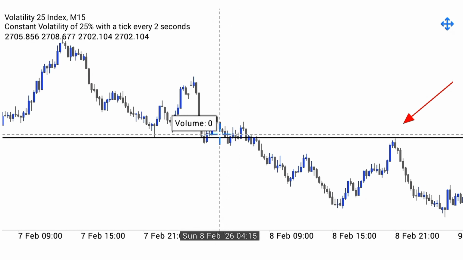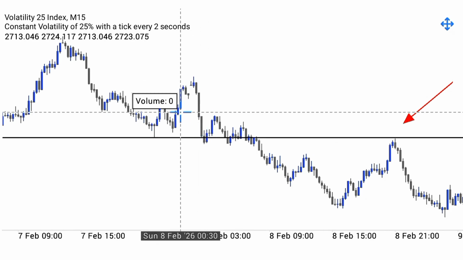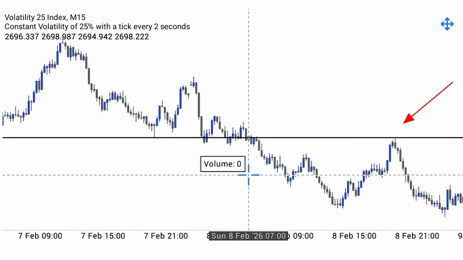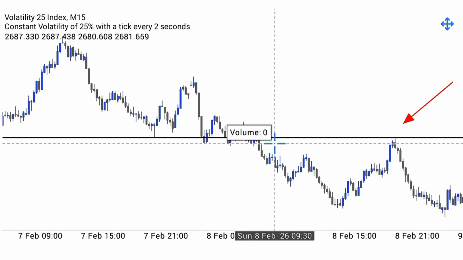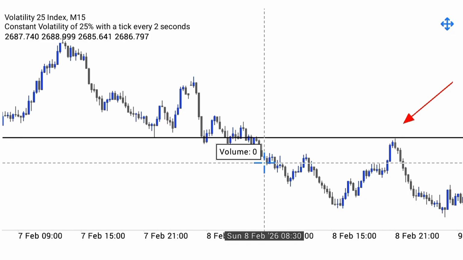At this point, it's the buyers that are suffering because the market is moving in a downtrend. So when the market breaks this point here, you know that if it returns to this line again, there's a guarantee that the market is going to give us what we are looking for.